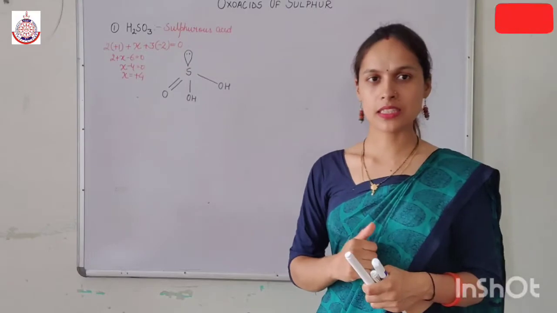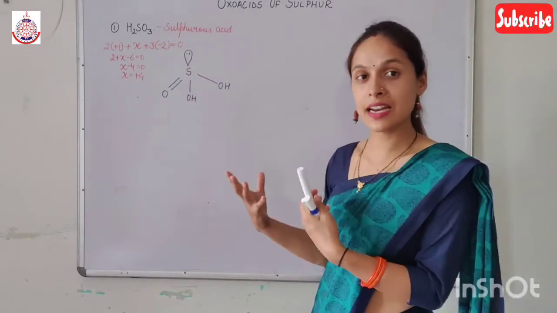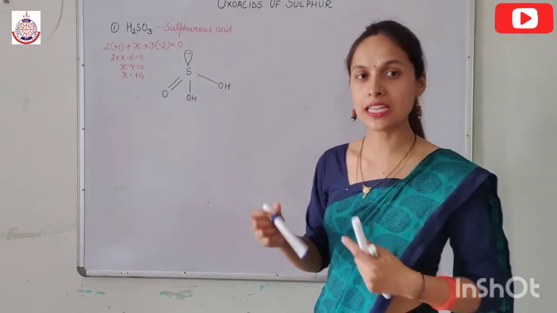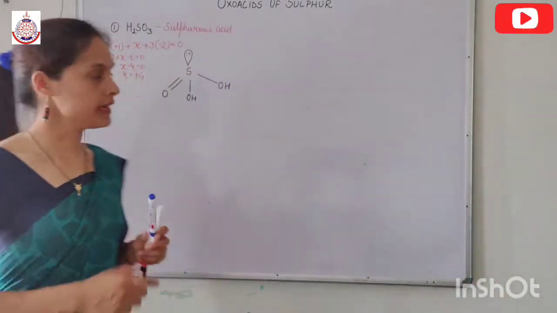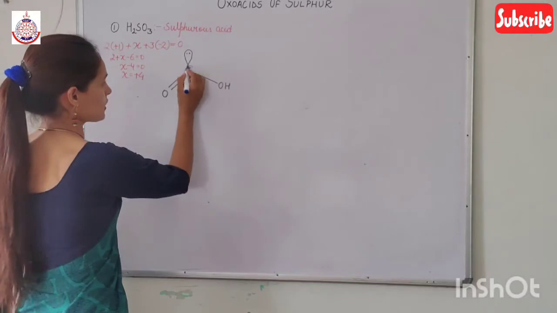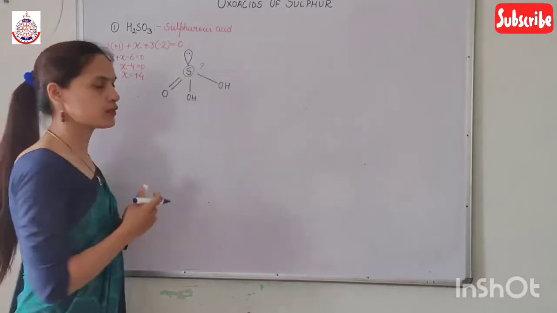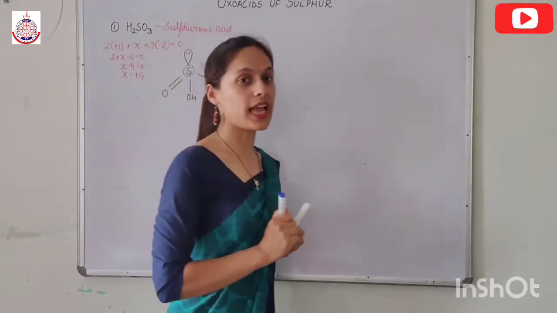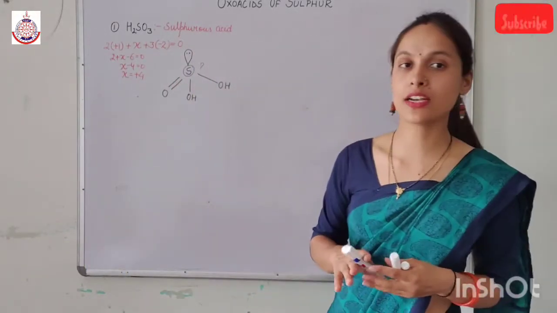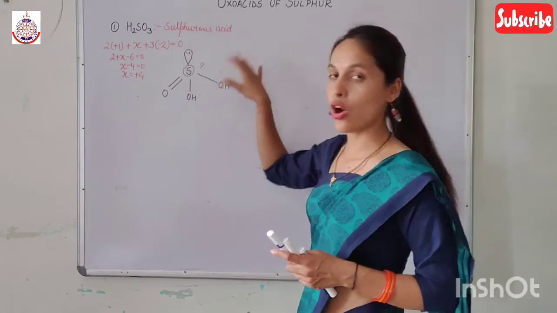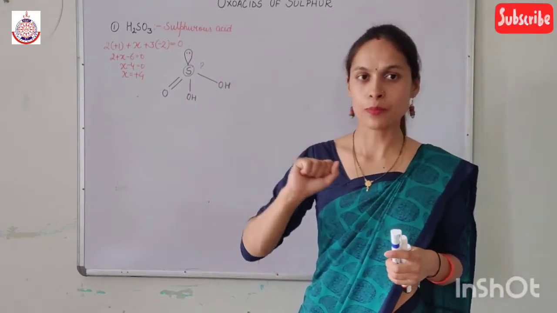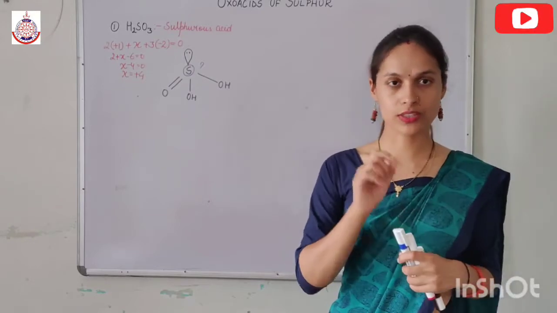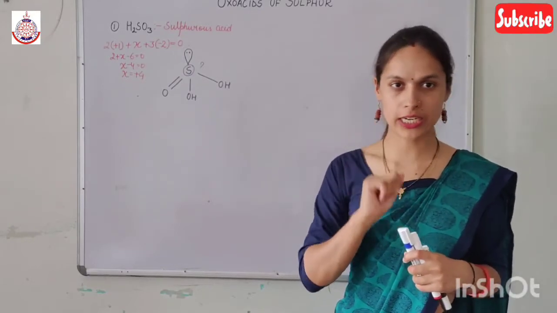Now the other method: calculating the oxidation state of an element from the diagram. Whenever I have to calculate the oxidation state of the central atom in an oxoacid, first of all I count the number of shared electrons.